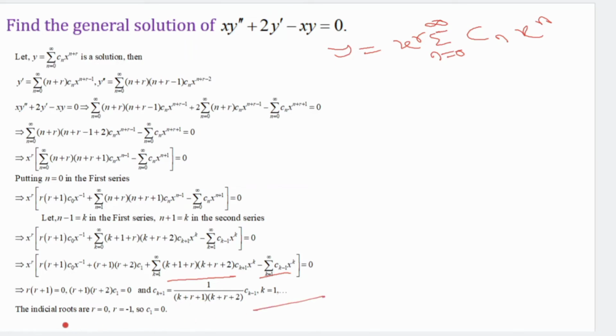Now we already have the initial roots r equal to 0 and r equal to minus 1, and we also have c1 equal to 0, and this is a general recurrence relation. In this relation we have to put r equal to 0 and r equal to minus 1 to get the recurrence relation for each. So c1 equal to 0 applies for both the r equal to 0 series and the r equal to minus 1 series.